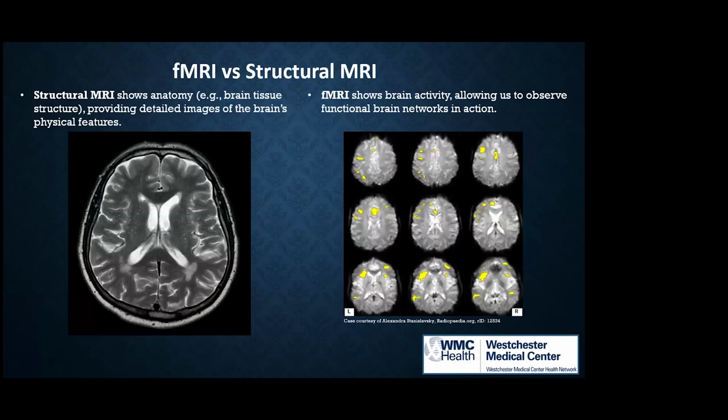And just to highlight the obvious, we're highlighting differences between structural MRI, where we take images and just look at the anatomy of the brain, or depict intracranial pathology, versus functional MRI, where we're actually seeing the brain in action.